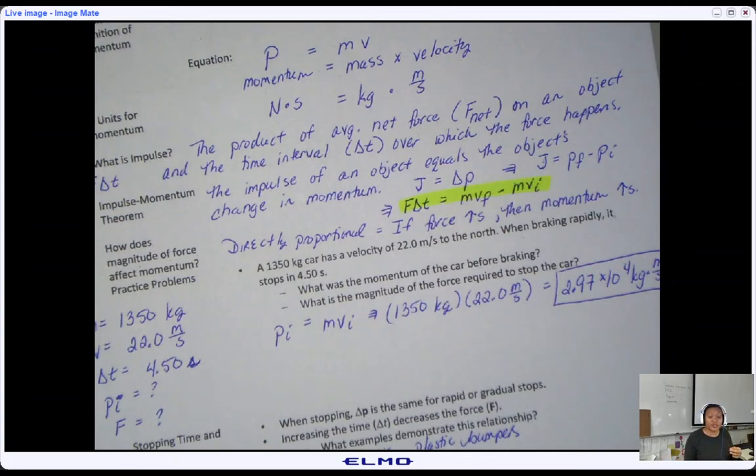What those are doing is creating a lot of damage to the car. But because it crushes in, it is slowing you down, and it's taking time for you to actually come to a stop. So it increases your stopping time.